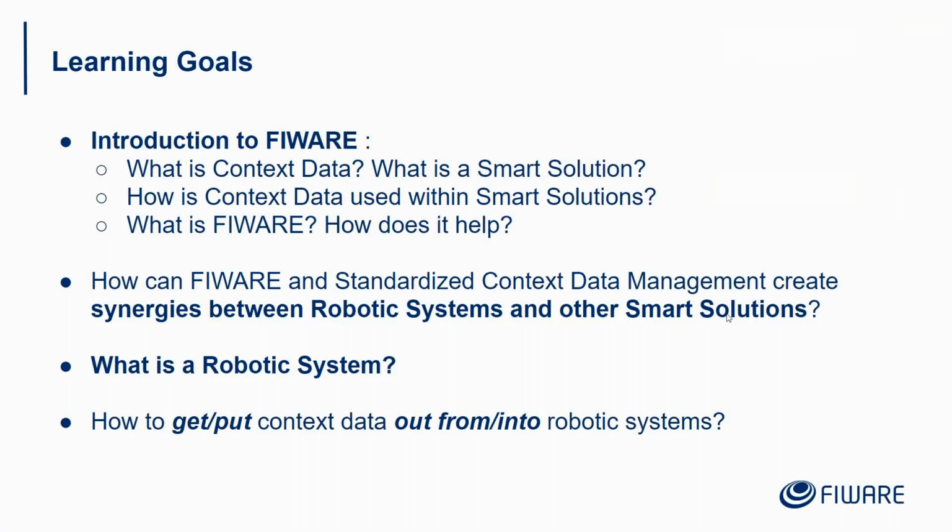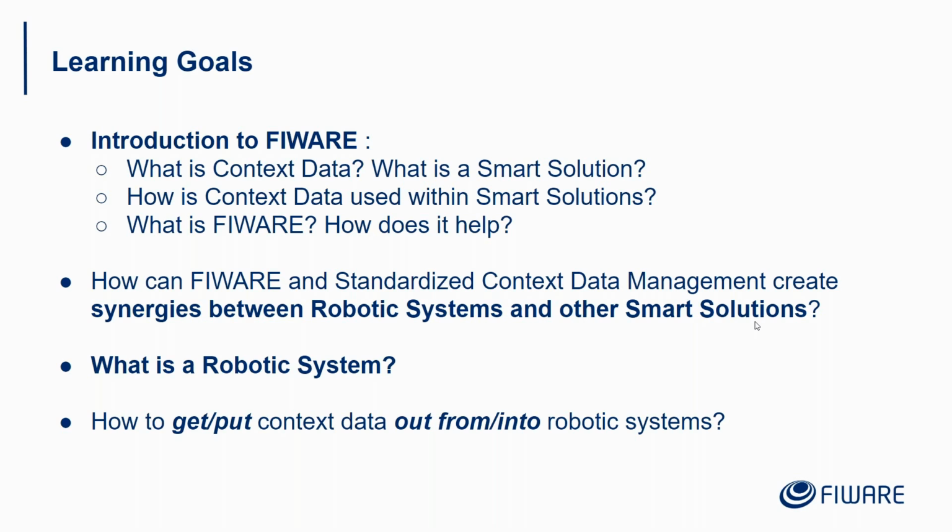Okay, at first, just to give you a summary of what we are going to see today. We will first see an introduction to FIWARE, defining key concepts like what is context data, what is a smart solution, how can this context data be used within them, what is FIWARE and how does it help within this ecosystem.